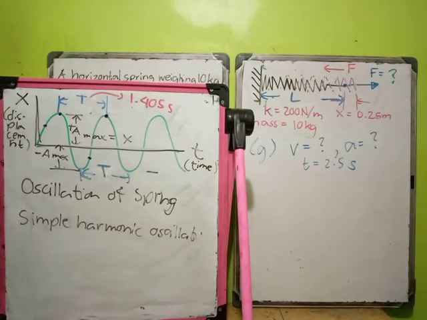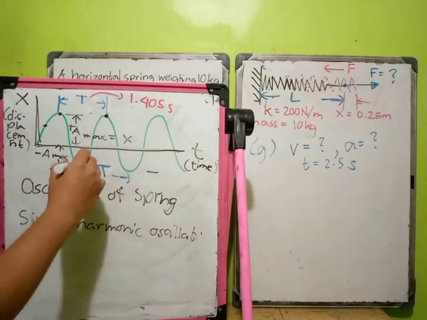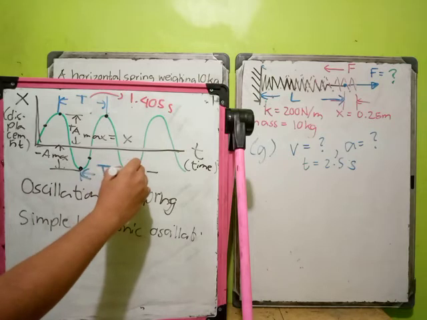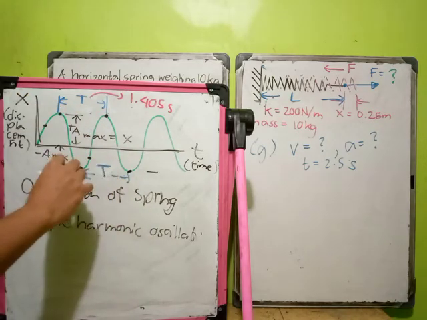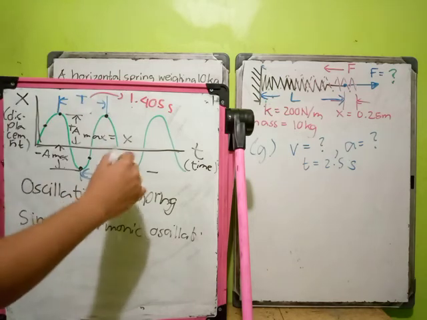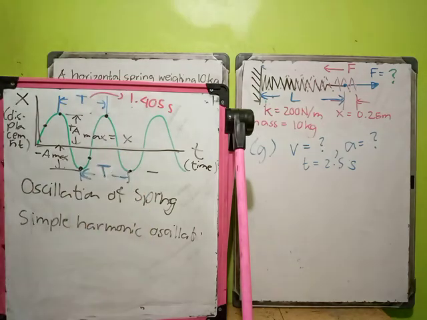So, ito yung T pag galing siya sa maximum value o sa tinatawag nating crest at the top, at dito sa crest sa bottom, kung saan bumalik siya sa the same point.